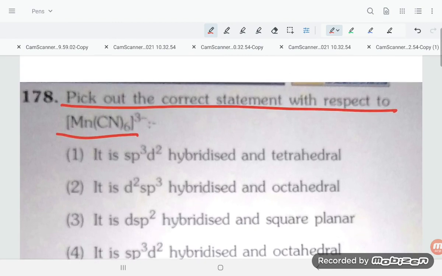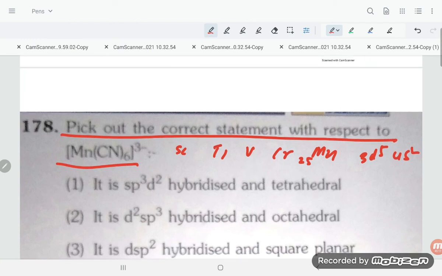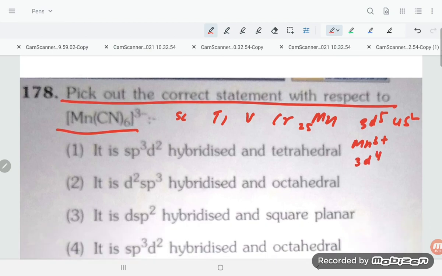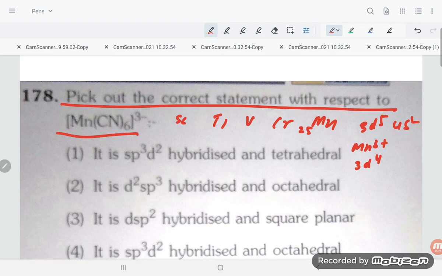Manganese comes after scandium, titanium, vanadium, chromium, so manganese is 25. It has 3d5 4s2. Okay, so what is the oxidation number? Mn3+. Mn3+ means what, student? That is 3d4. And with CN, pairing will be there, student. So what hybridization will it go to, student?